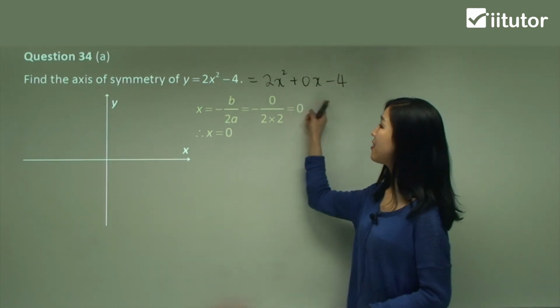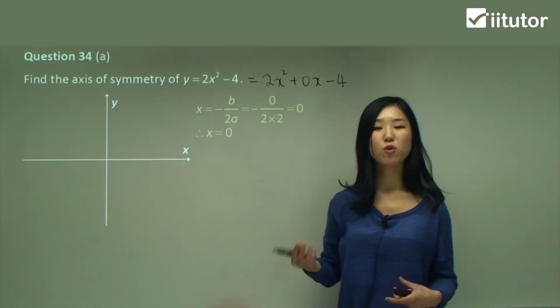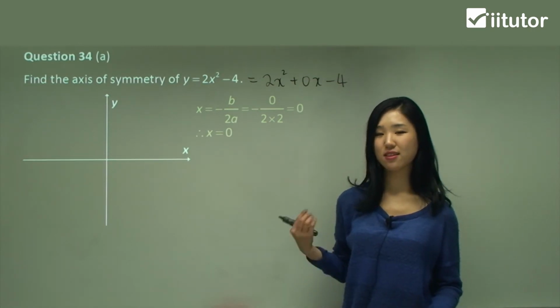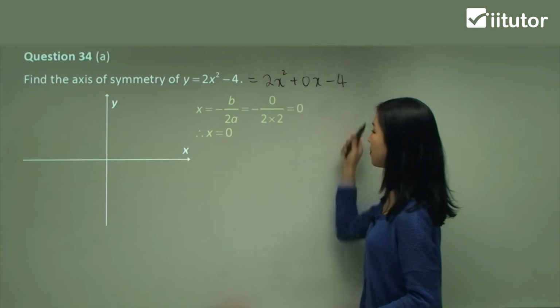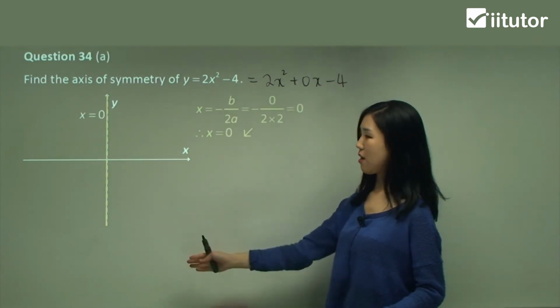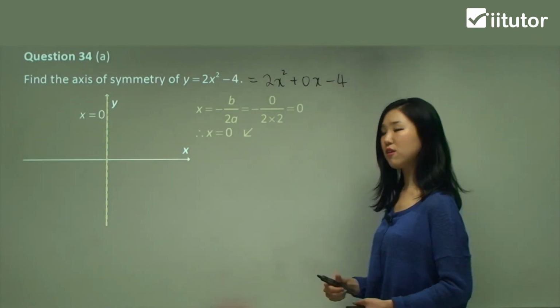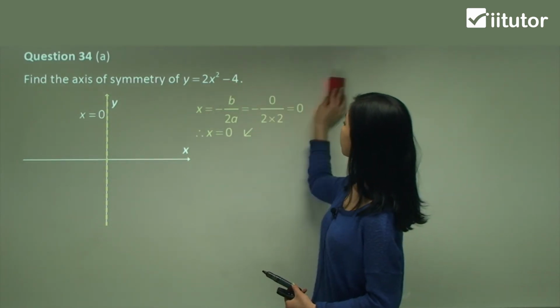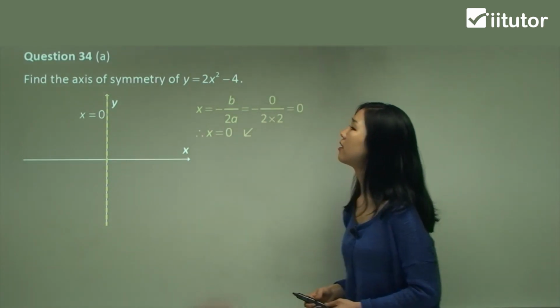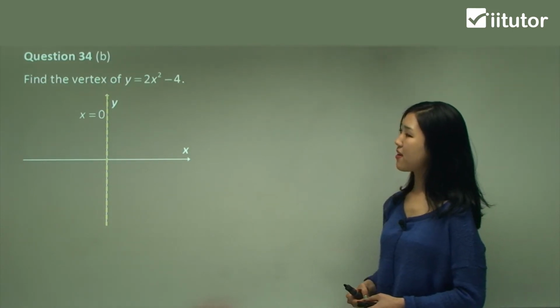So in this case, you can stick that in like that, or you can just automatically tell me that the axis of symmetry is 0. Okay, hopefully this helps. Therefore, just that y-axis there, x equals 0, is the axis of symmetry.